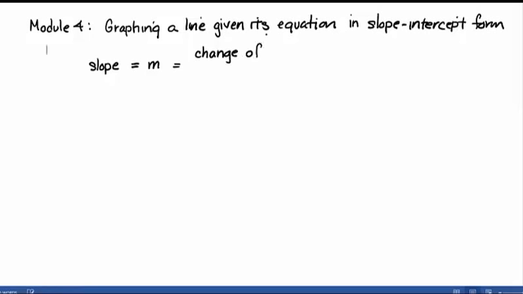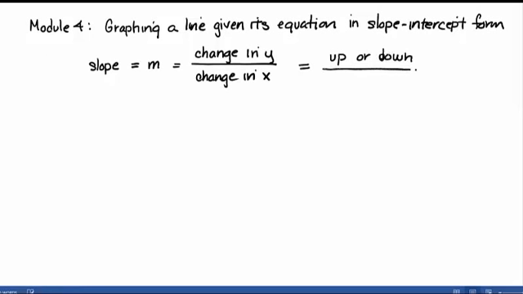It's change in our y-coordinate, change in y, over our change in the x-coordinate. Okay, so what that means is change in y is up or down. So if I go up or down over right or left.